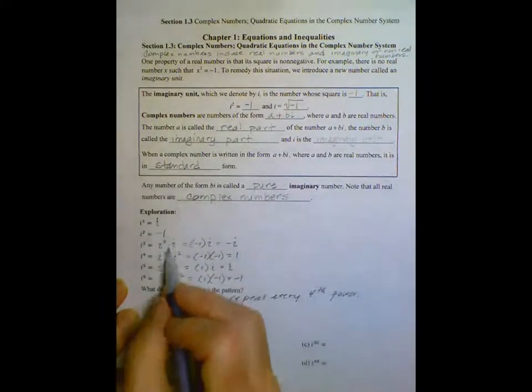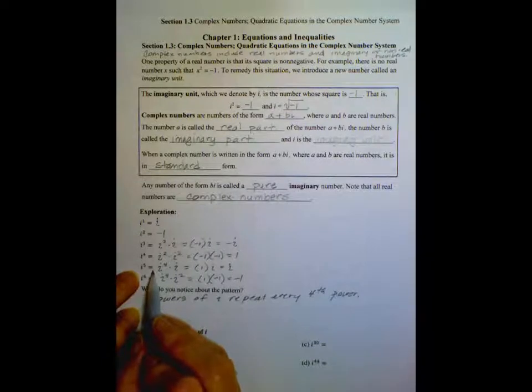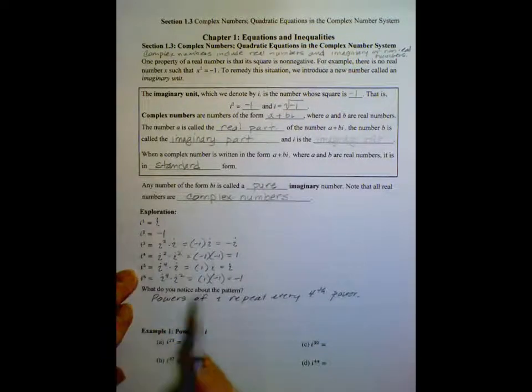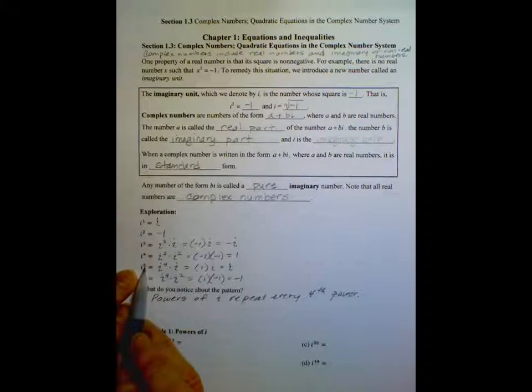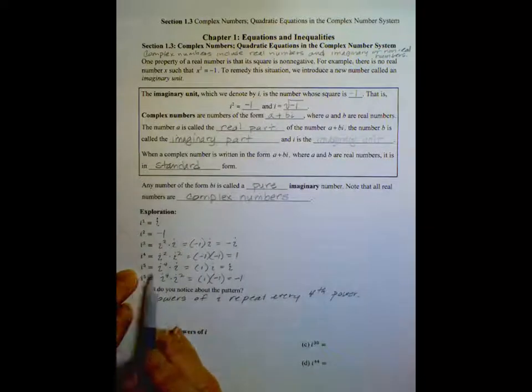So if we know the pattern of the first four, then beginning with 5, all we have to do is, I'll show you, if we divide the power by 4 and take the remainder, that's your new power on i.